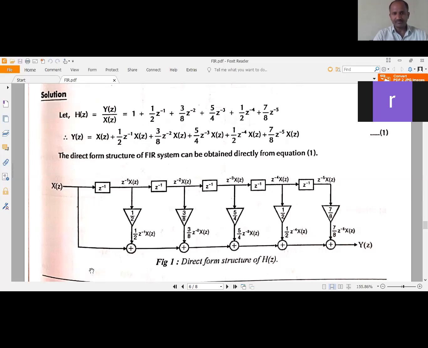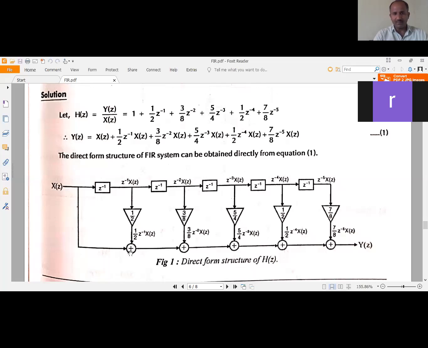By looking at equation number 1, the number of adders required is 5, that is 1, 2, 3, 4, 5 adders. You have to connect them. So here X of z plus 1 by 2 into z power, compare this with equation number 1.